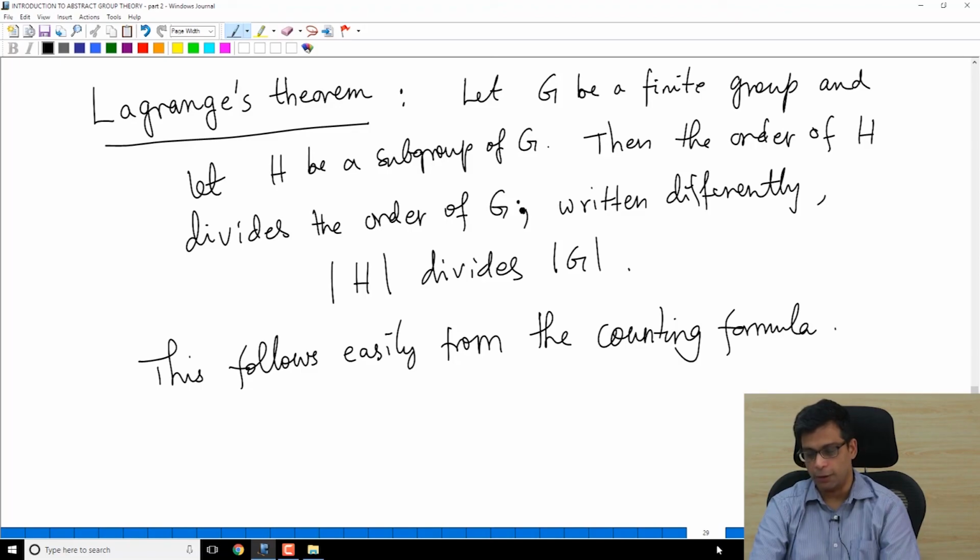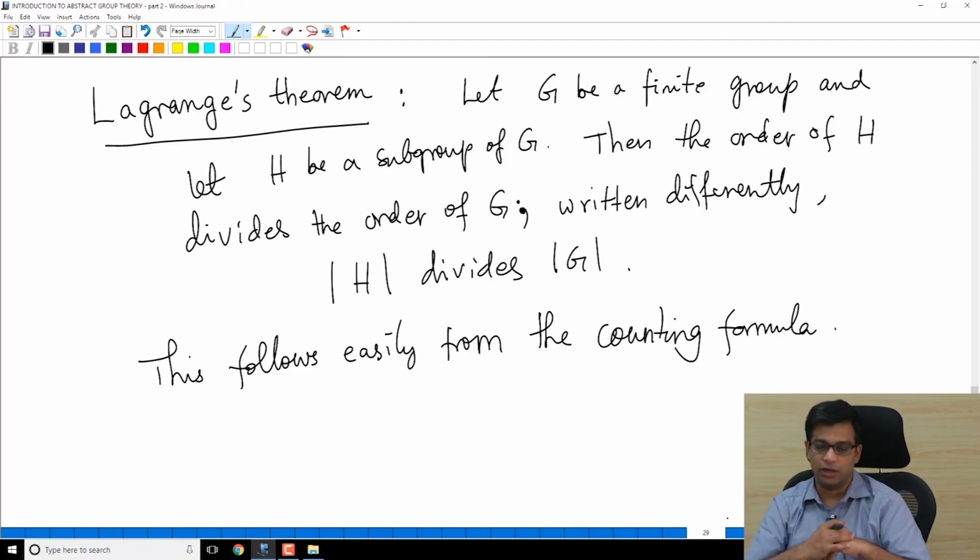So I'm going to work out some simple examples to illustrate this. But pause for a minute here and think carefully about what Lagrange's theorem is saying. It says that if you have a finite group, it puts a major restriction on possible orders of subgroups.